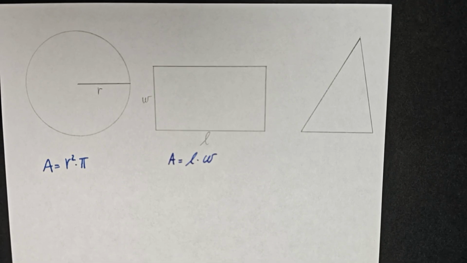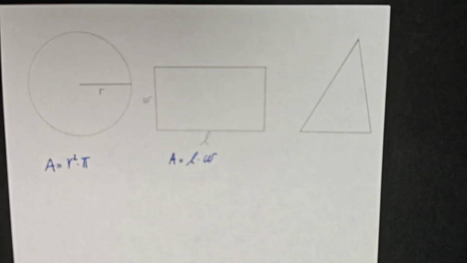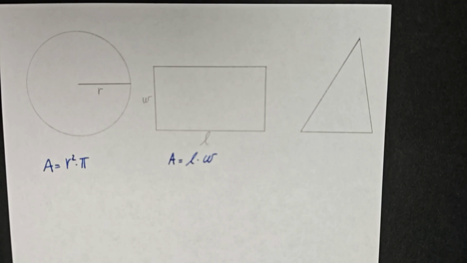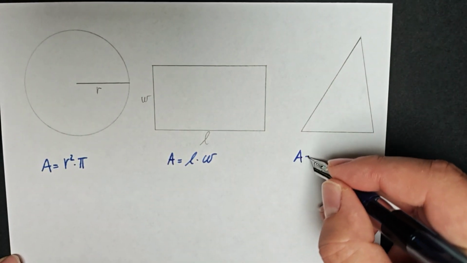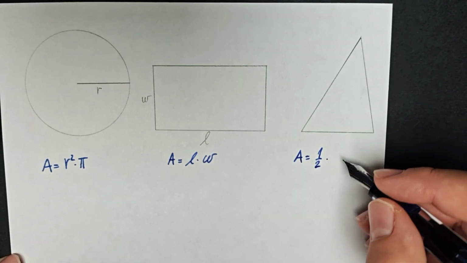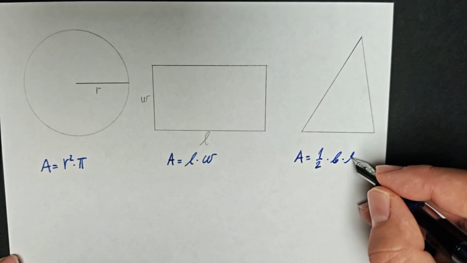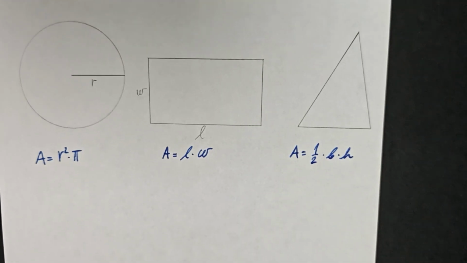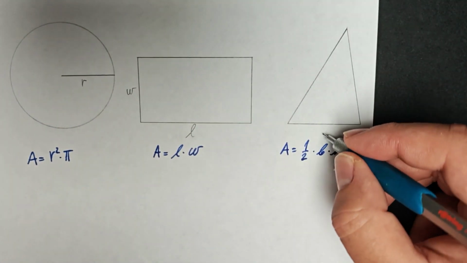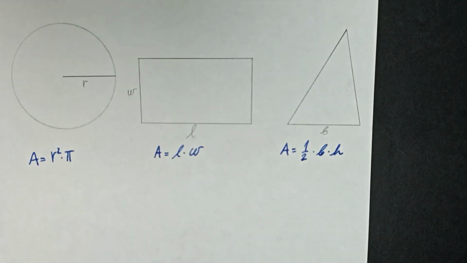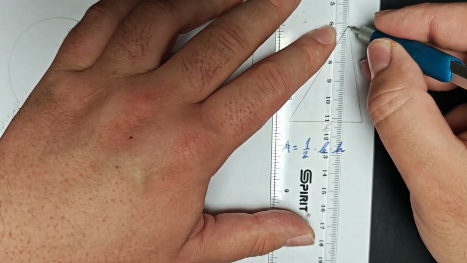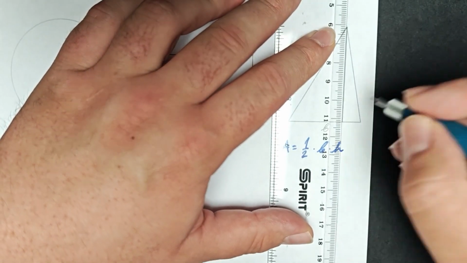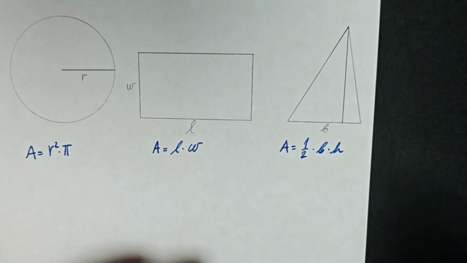Finally, on the third picture, I have a triangle. As you know, the area of a triangle is 1/2 multiplied by b multiplied by h. This b represents the length of the base of the triangle, and h is the height of the triangle corresponding to that base b.